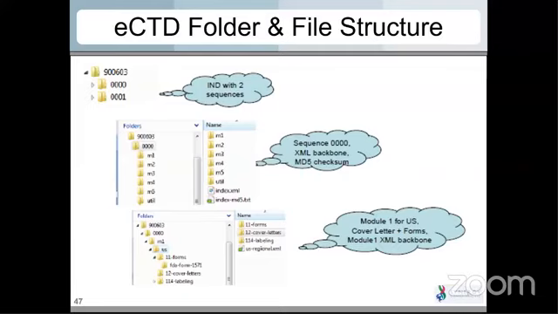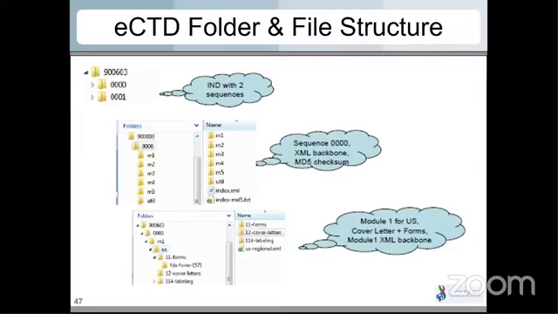Moving down to the last row here, there's an opening of the Module 1 folder. And in the Module 1 folder, you see the next one is for US. So this is a US submission that's being made, and it goes into a folder called US. The next part of the folder structure is what is specific to that region.